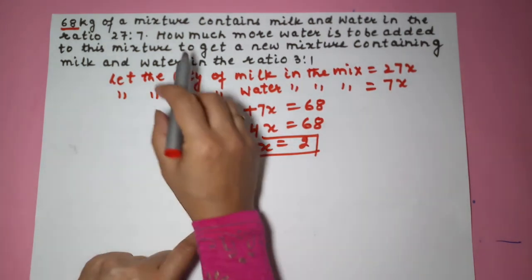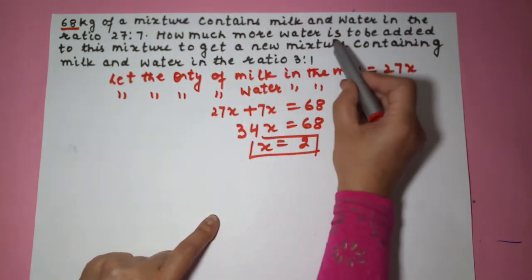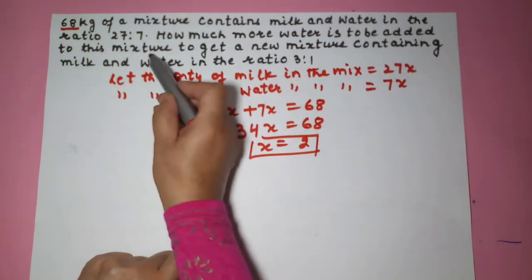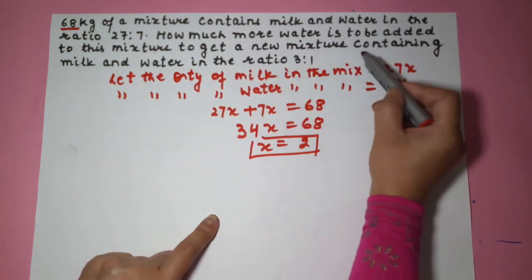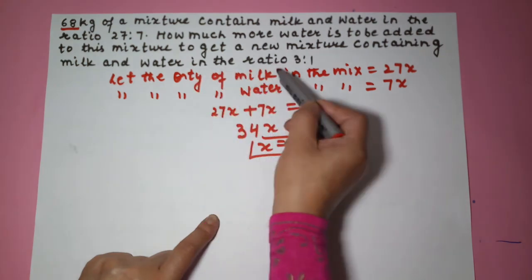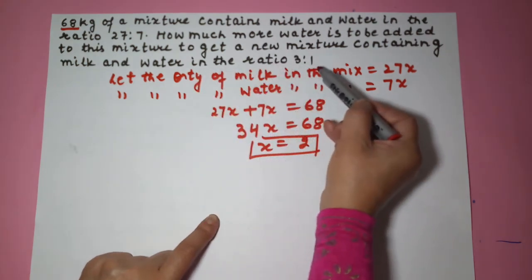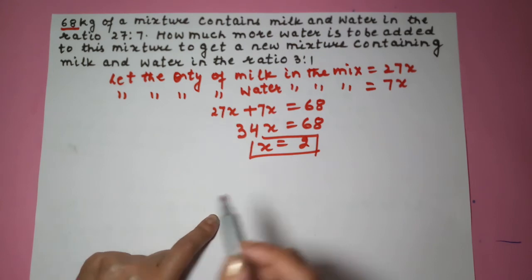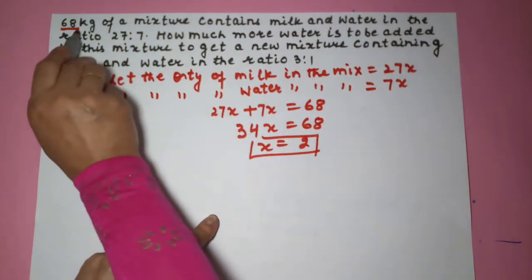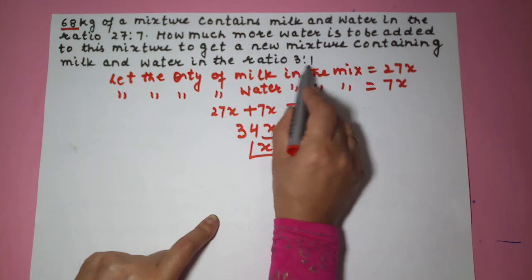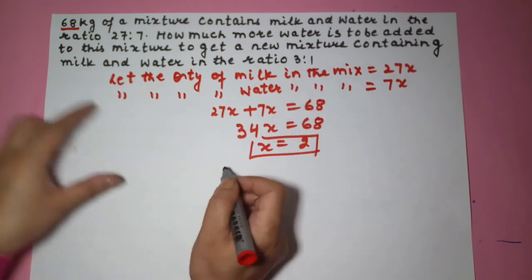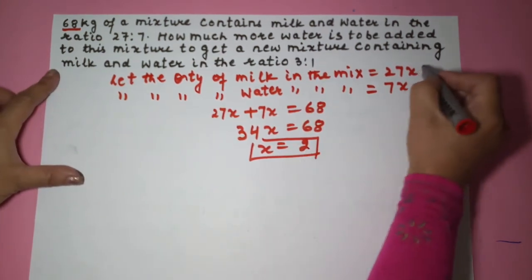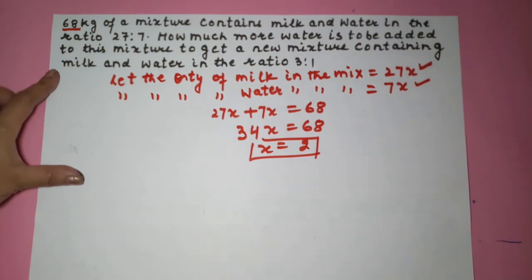Now let's see what he wants us to do. How much more water is to be added to this mixture to get a new mixture containing milk and water in the ratio 3:1. Now, unless we get the quantity of milk and water separately in this mixture, we cannot find this, right? So let's calculate. Since we got x, we can calculate the quantity of milk and water in the original mixture.